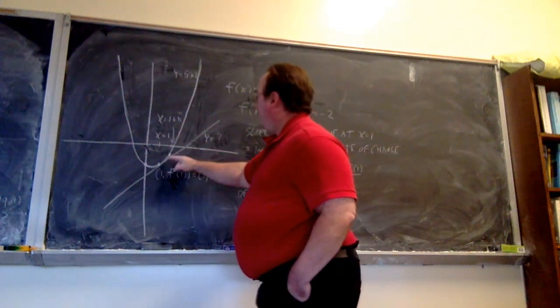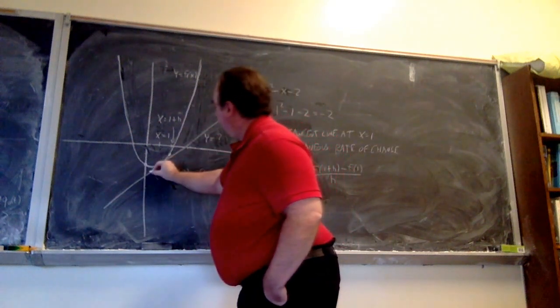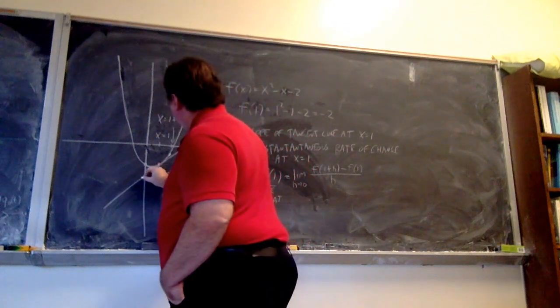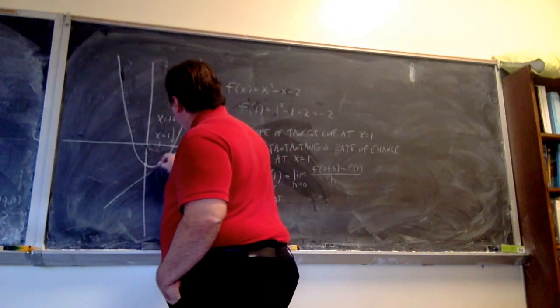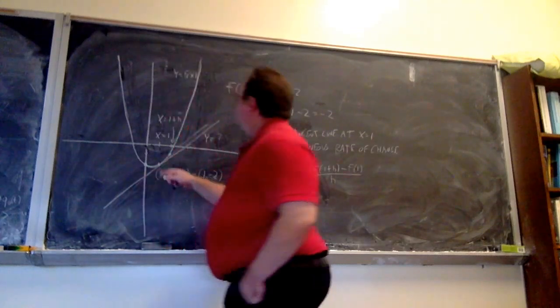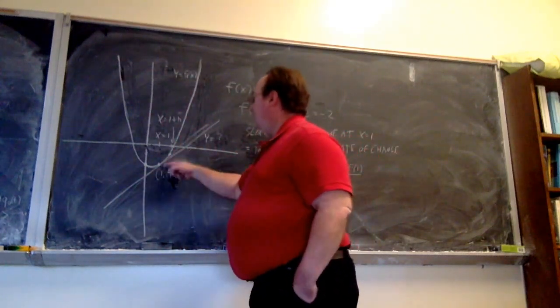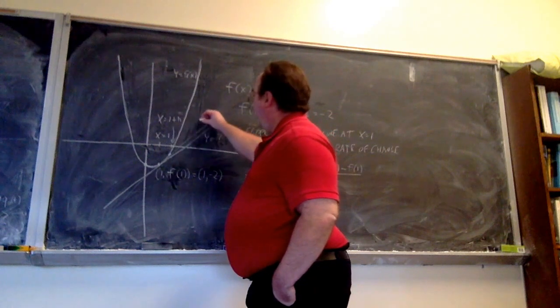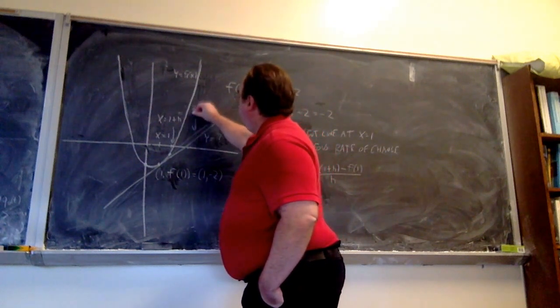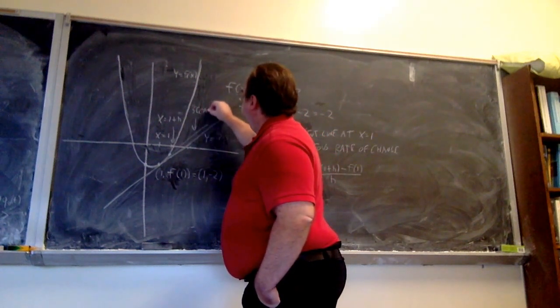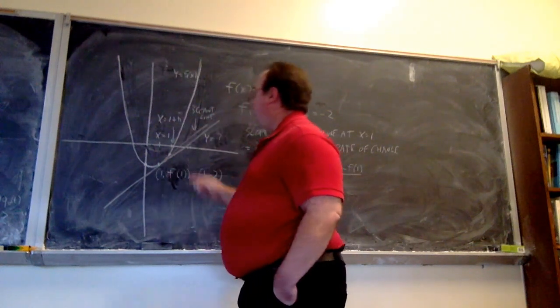So what I could do is compute the equation of a line between these 2 points and find the slope of that line. And this is called a secant line that corresponds to these 2 points.